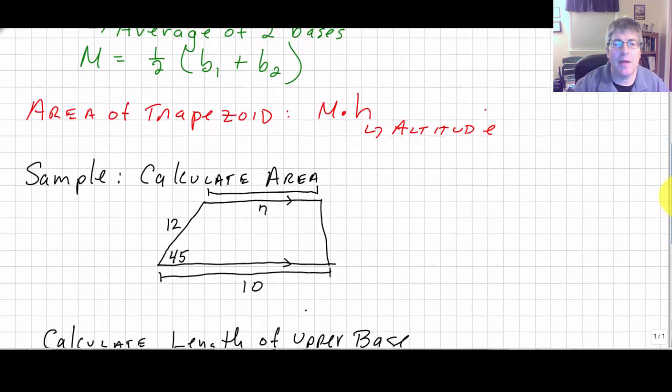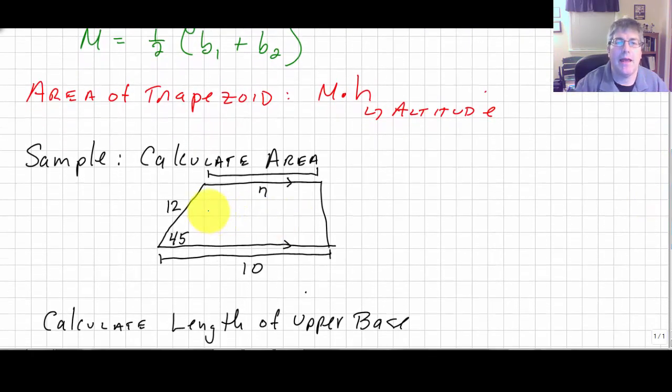So here might be a sample problem. I might ask you to calculate the area of this particular trapezoid. The bases are parallel, and their lengths are 7 and 10. The length of one of the sides is 12, but that's not our height. So we have to draw an altitude.